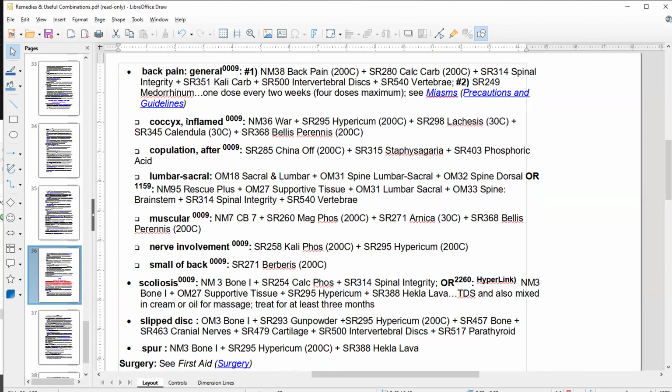So see, beautifully, you have seen where the coccyx is and part of the spinal system. Lumbar sacral, we have seen the lower part of that, where what all things will help in that area if someone has a problem.